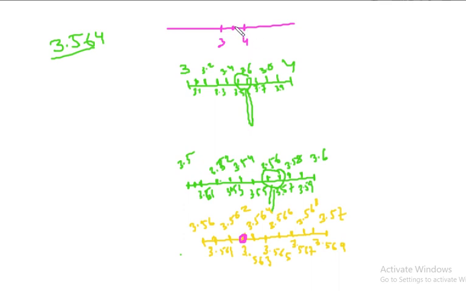If we zoom out, it will be slightly more than 3.5. But if you zoom in and zoom in and zoom in, the point will be represented like that. And then if you zoom out and zoom out, it will be a little more than 3.5.